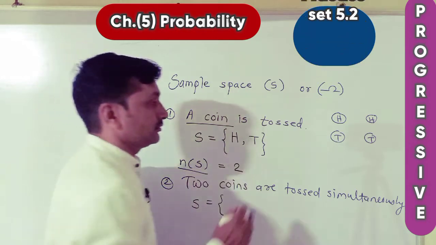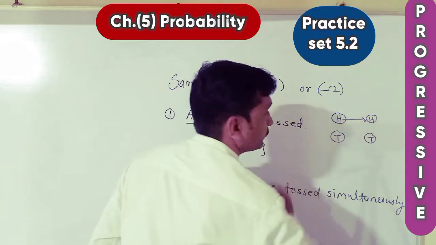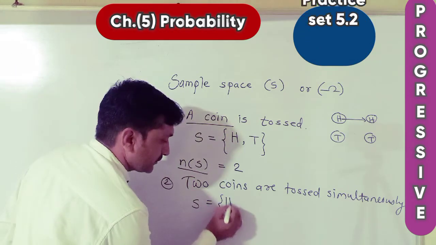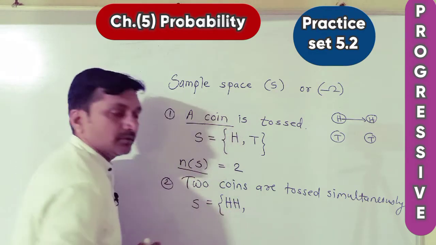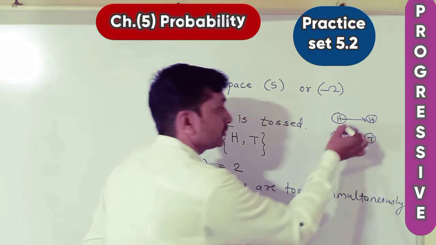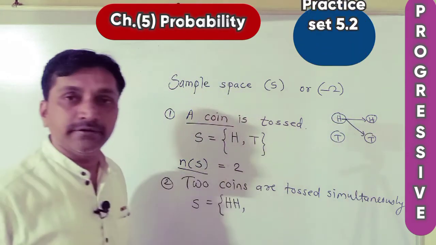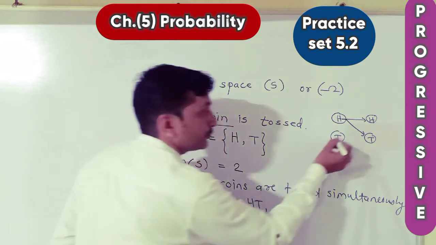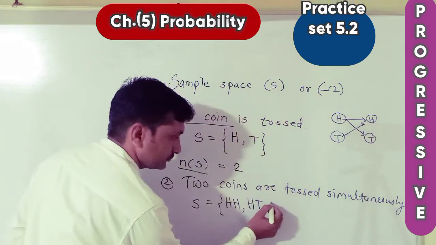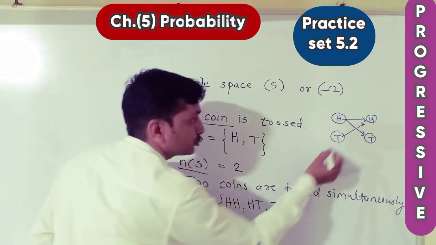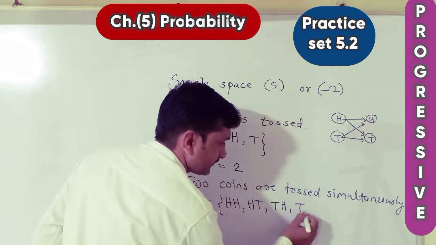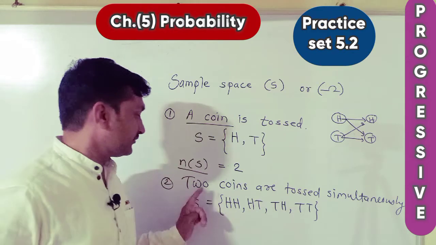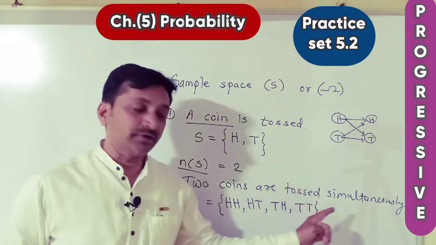Two coins together. The first pair will form like this, HH. Second pair, head, tail, HT. Third pair, TH. And fourth pair, TT. In this way, there are 4 possibilities if two coins are tossed simultaneously.